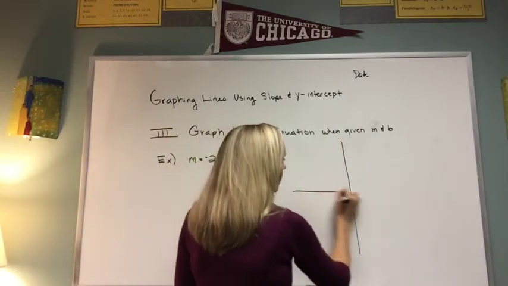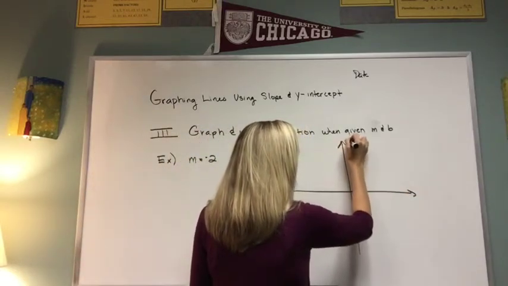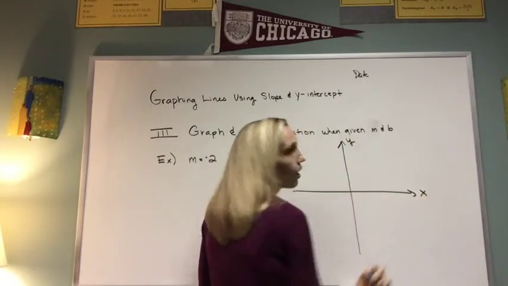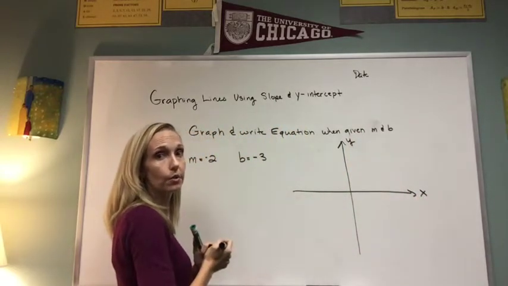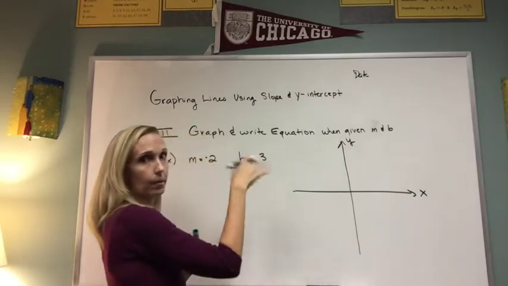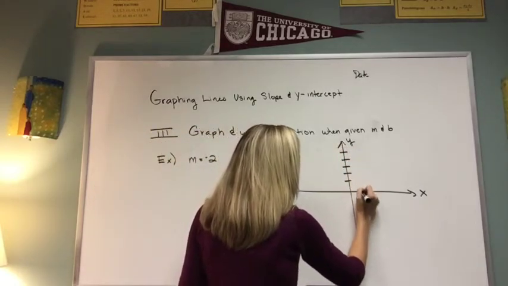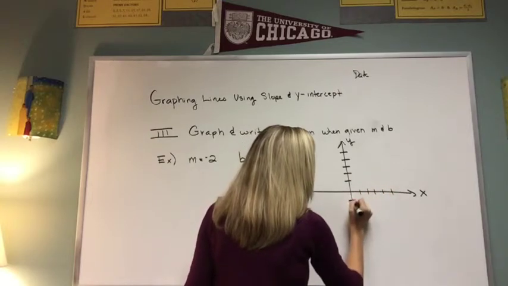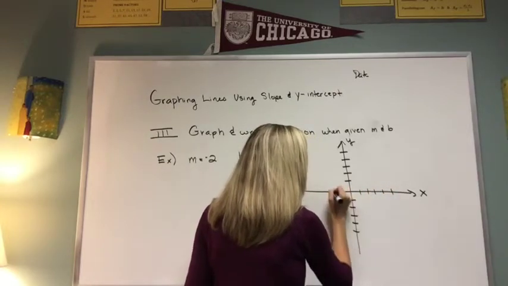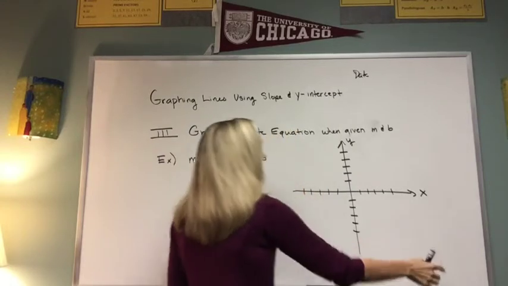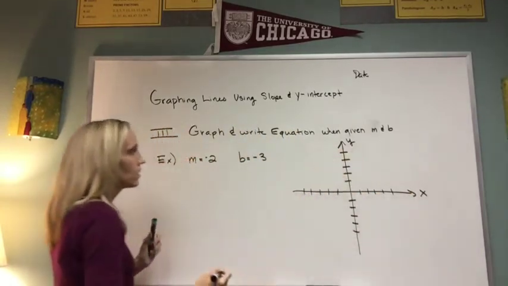Go ahead, graph it on your own. So hit pause now to see if you can do it. And then unpause, and I'm going to keep doing my thing. Remember to label your axes.